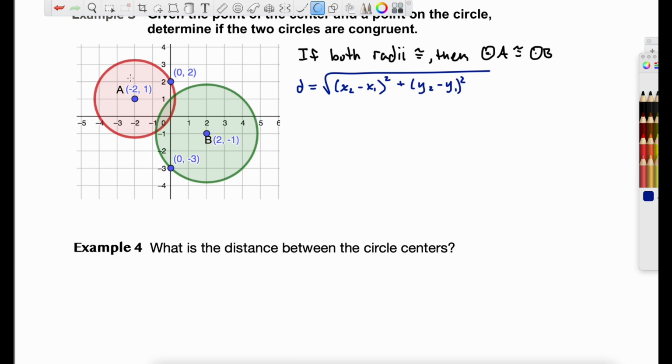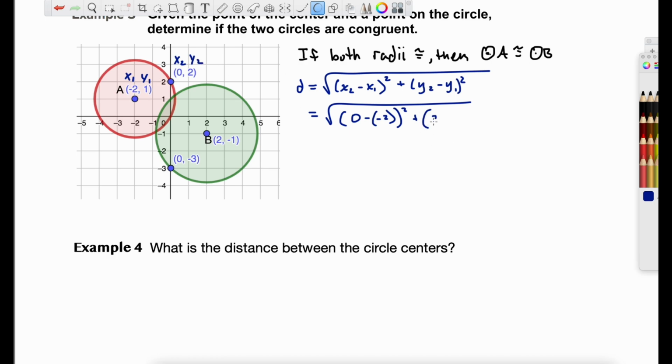So let's call A the first point, so this is x1, y1, and then x2, y2 is our point on circle A. So we got 0 minus negative 2. Okay, so x2 minus x1, 0 minus a negative 2.